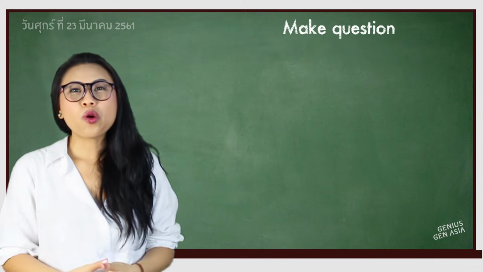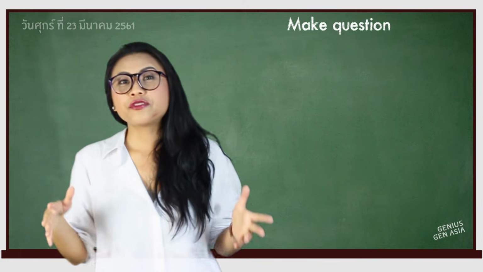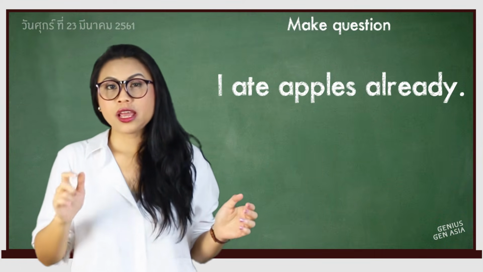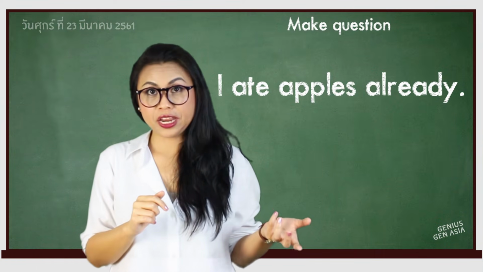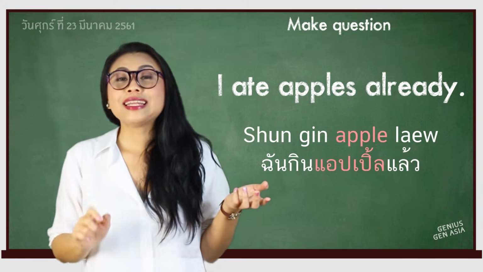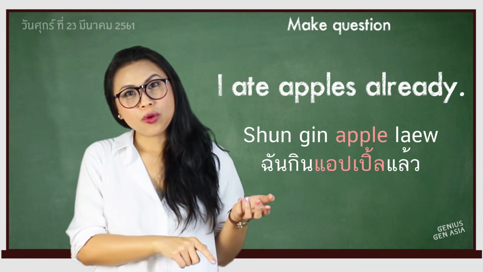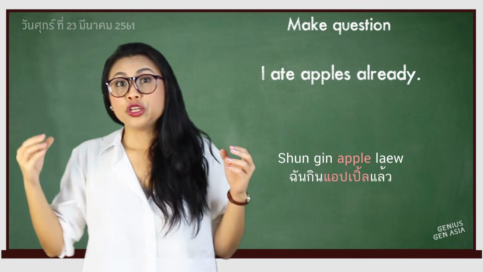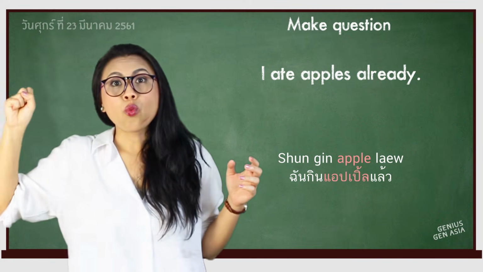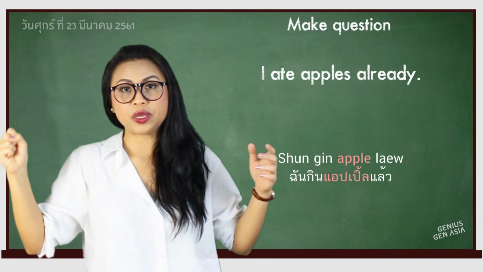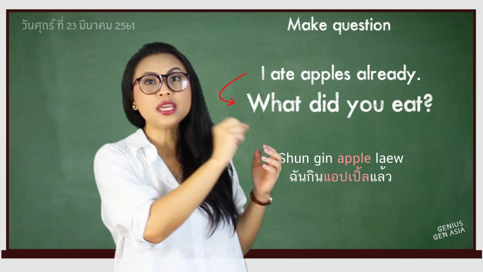For example, in English, for affirmative sentence, you say I ate apples already. In Thai, ฉันกินแอปเปิ้ลแล้ว. When you want to change to be question, in English you need to put what at the beginning and restructure the sentence to be what did you eat.